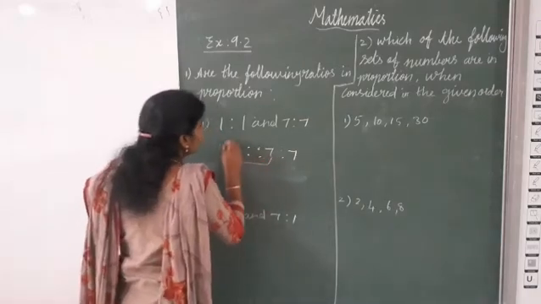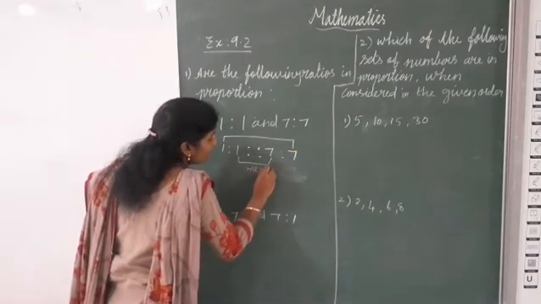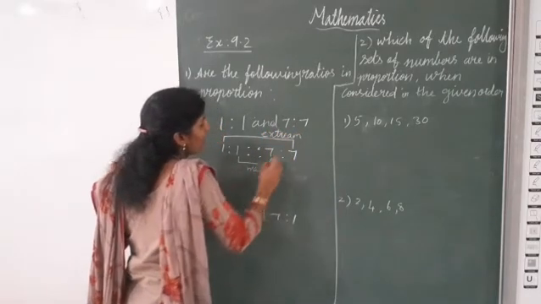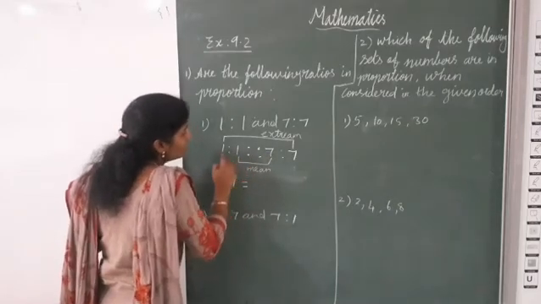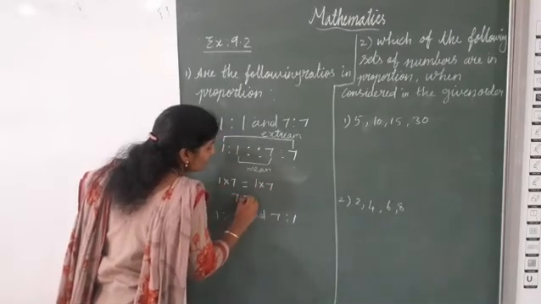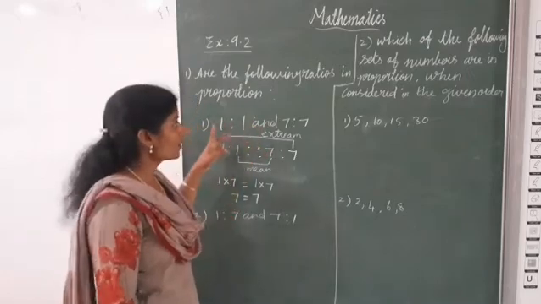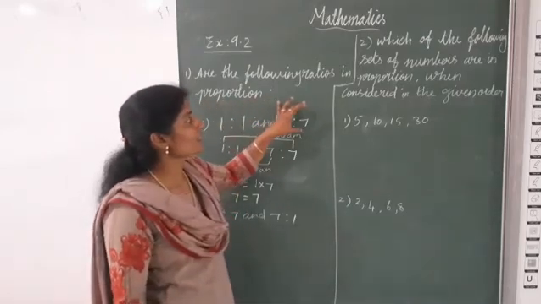This is the mean, this is the extreme. Product of means is 1 into 7, equal to product of extremes, also 1 into 7. So 7 is equal to 7. So we can say these ratios are in proportion, 1 is to 1 and 7 is to 7.